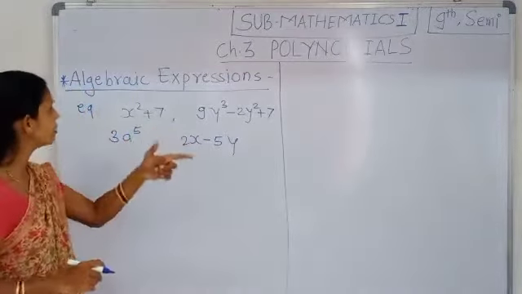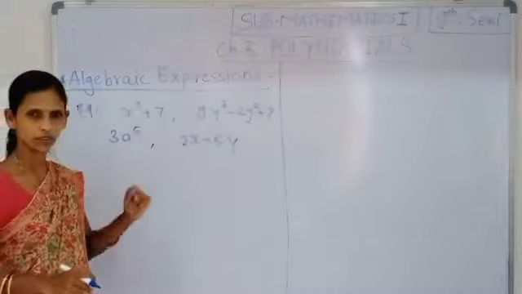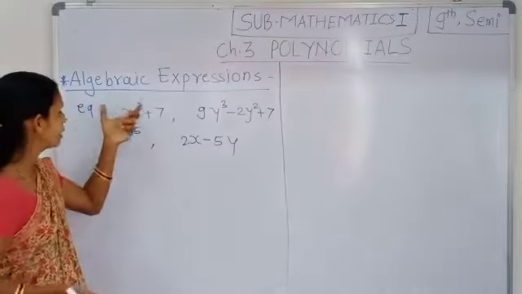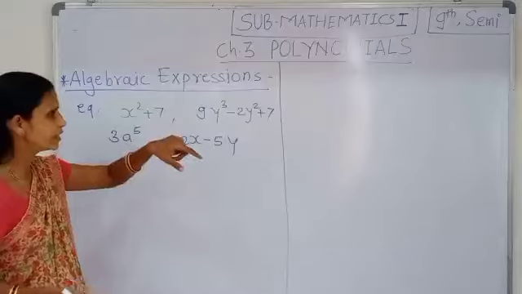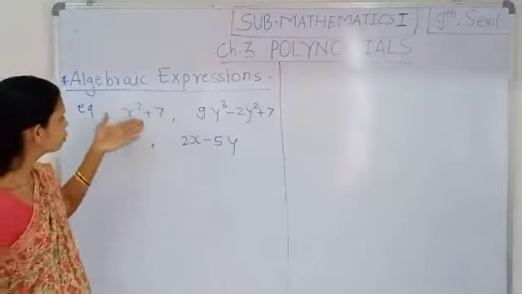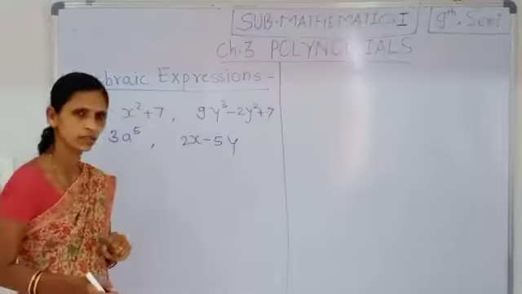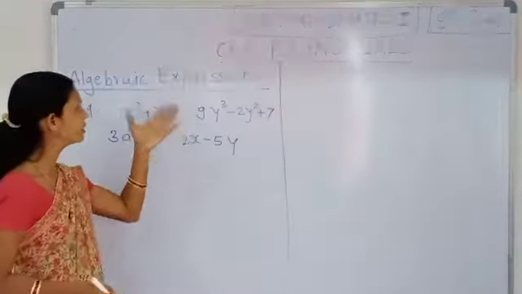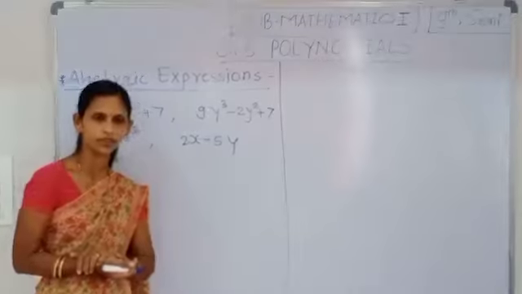These are a few examples of algebraic expressions. Numerals as well as alphabets are used to express these expressions, therefore they are called algebraic expressions.